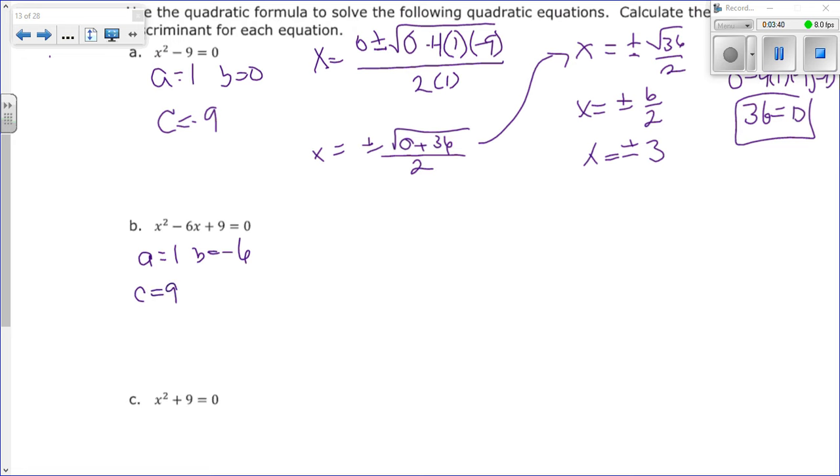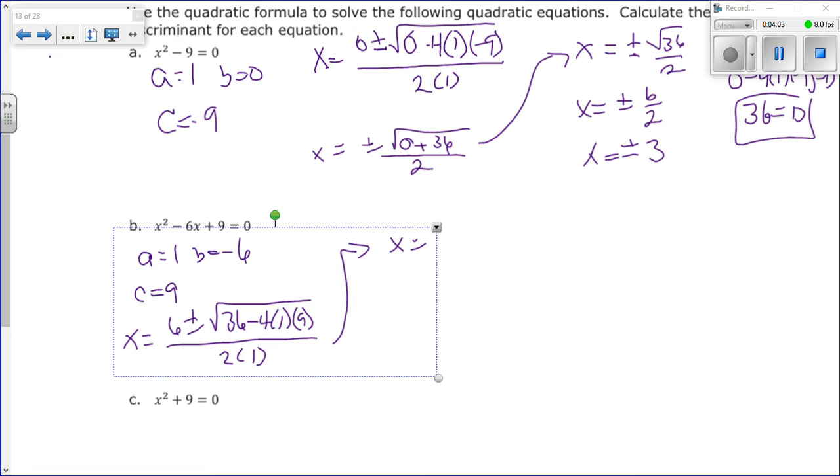So when I substitute in, I'll have x equals negative b, so negative negative 6 is a positive 6, plus or minus the square root of negative 6 squared is 36, minus 4 times a is 1, times c is 9, all over 2 times a, which is 1.